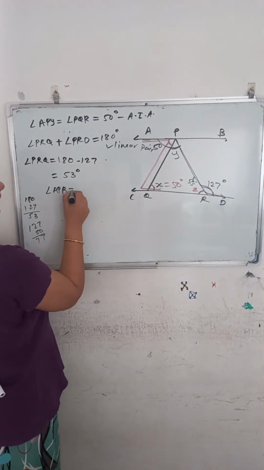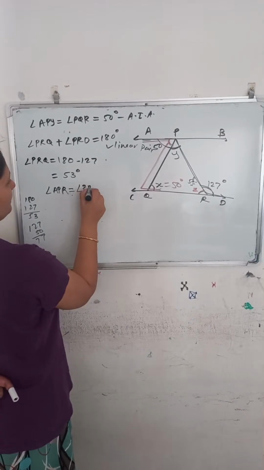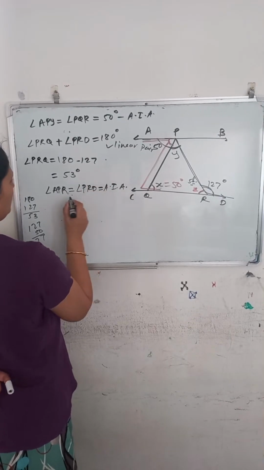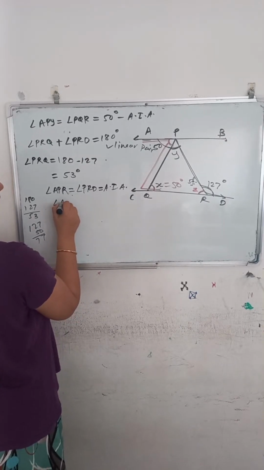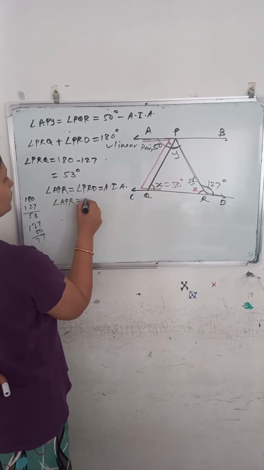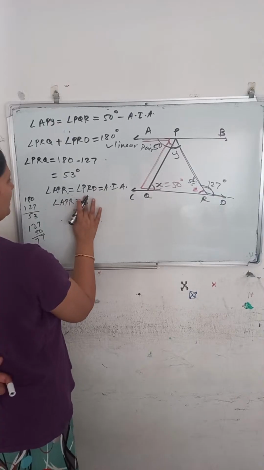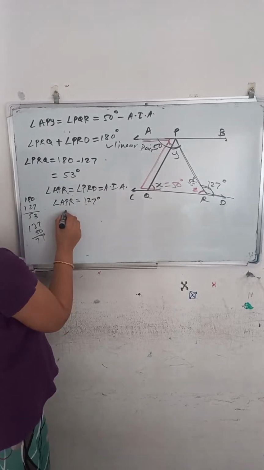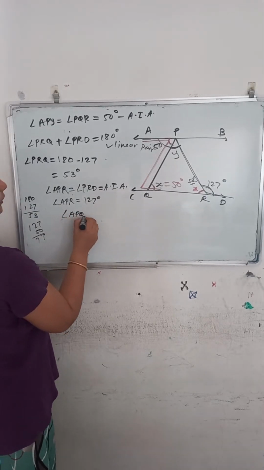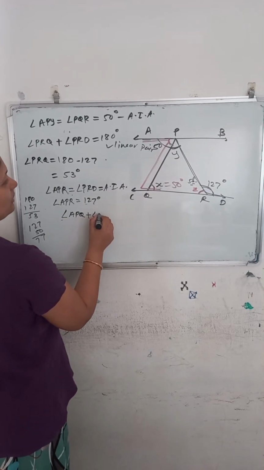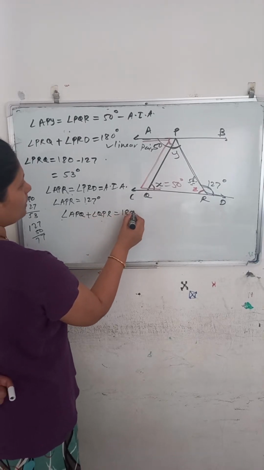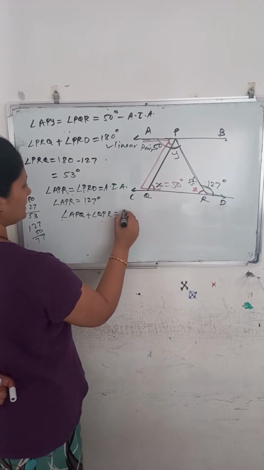So that also you can write here: angle APR is equal to angle PRD, which is alternate interior angle. So here I am getting angle APR is equal to 127, and APR I will write as angle APQ plus angle QPR, that is equal to 127.